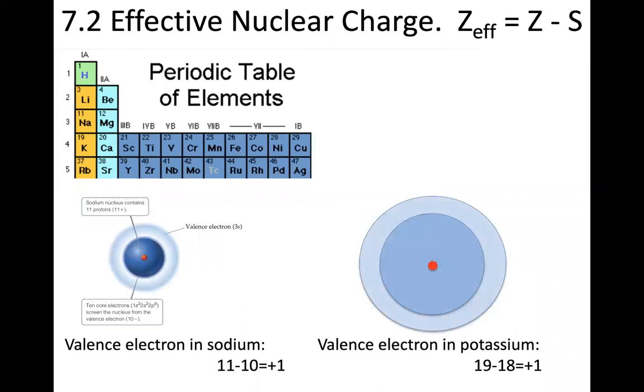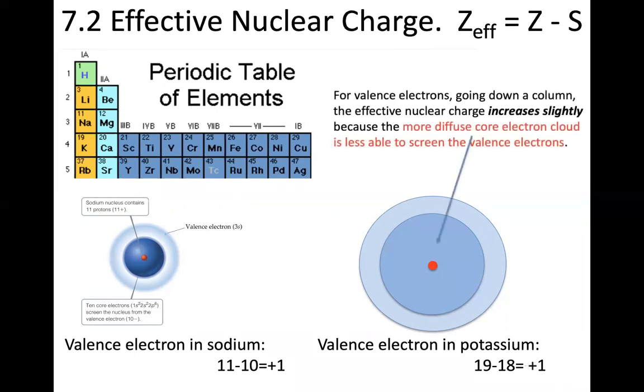Now, back to that one subtlety about how the column you're in could change it just a little bit. Within our model, for sodium there's 11 protons and 10 shielding electrons, so it ended up being +1. Same thought for potassium, but I'm drawing potassium larger because those electrons are in larger principal quantum numbers.